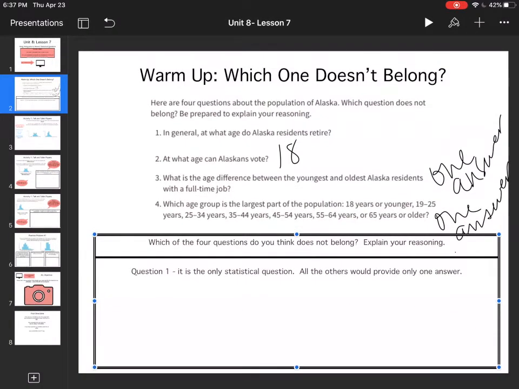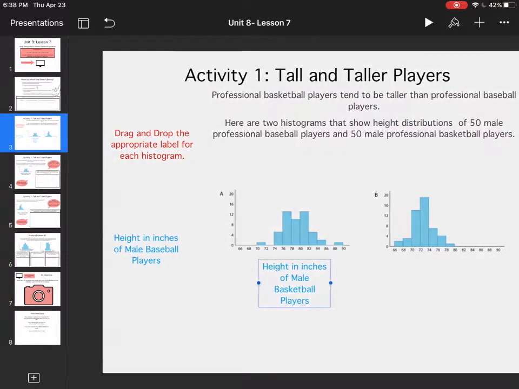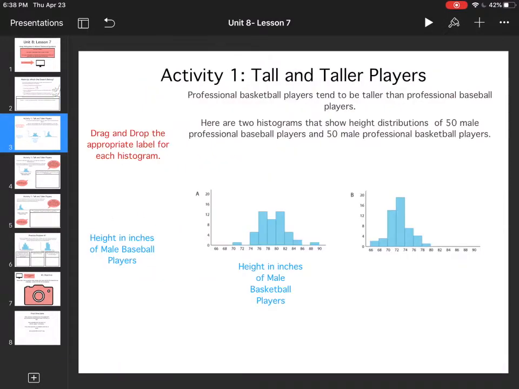Okay, so then drag and drop. Professional basketball players tend to be taller than professional baseball players. Here are 2 histograms that show the distributions of 50 male professional baseball and basketball players. Basketball players are typically taller, so this one has to be the basketball players, and this one has to be the baseball players.